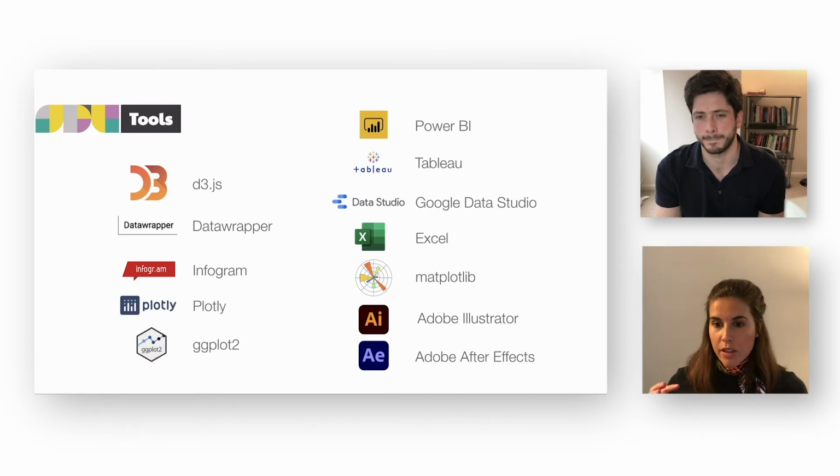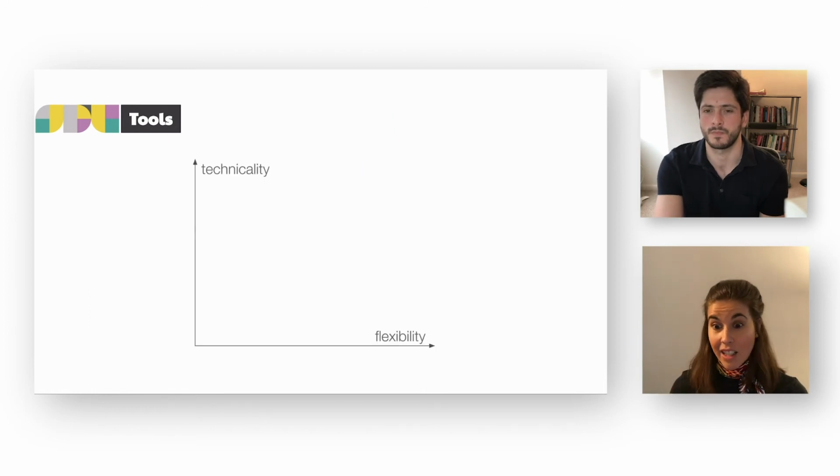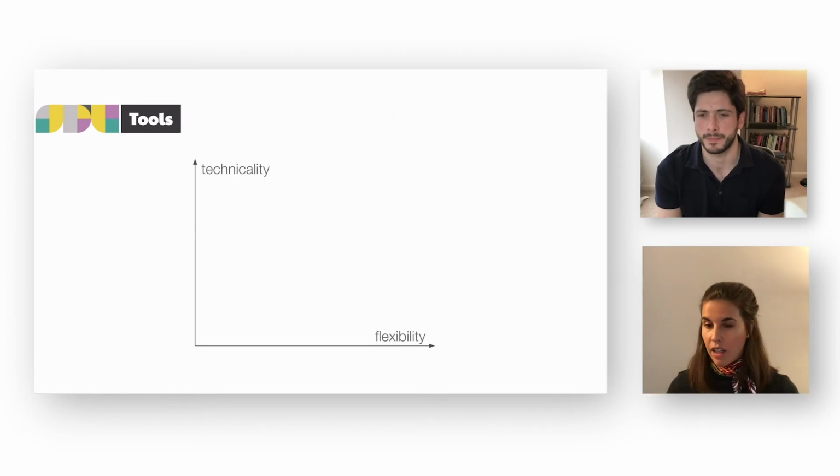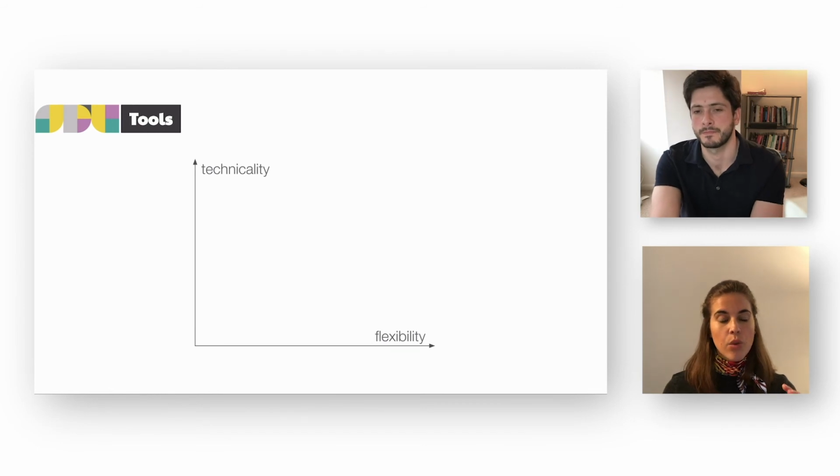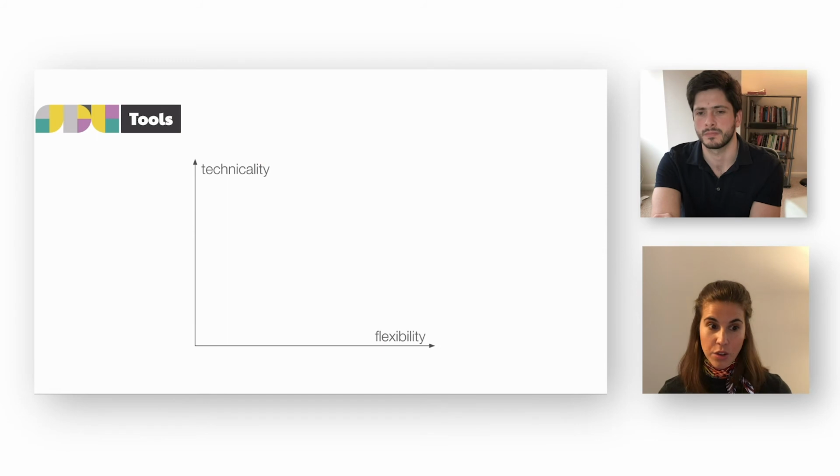But then we also included some less technical ones like Excel and Data Wrapper, and that's how we grouped all these tools, and we organized them in a chart that you're seeing right now on the screen.